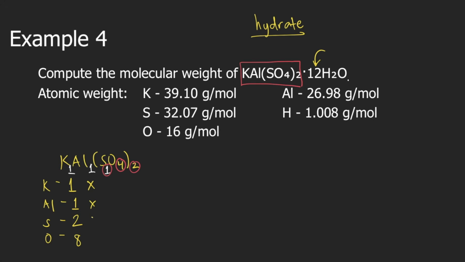So let's multiply the atomic weights. For potassium, 39.10. For aluminum, 26.98. For sulfur, 32.07. And for oxygen, 16.